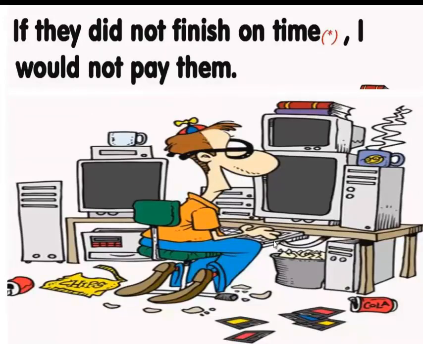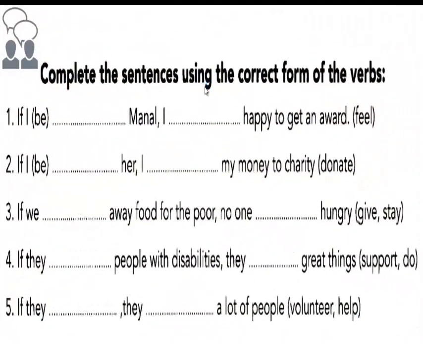If they didn't finish on time, I wouldn't pay them. The second section of the sentence, wouldn't or would not. Okay? That's the positive and the negative form of the second rule, if conditional type 2.